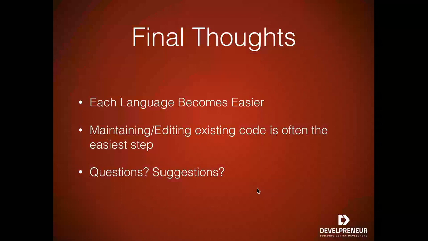Then move your way up to maintenance work where maybe you're writing all new functions, or rewriting functions, or writing some code modules. And then eventually you can work your way up to being very comfortable with that language.